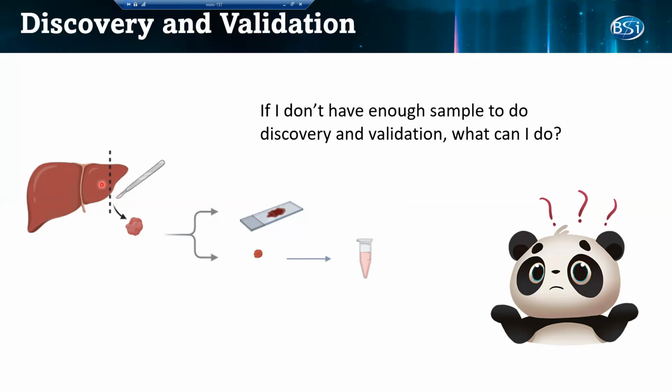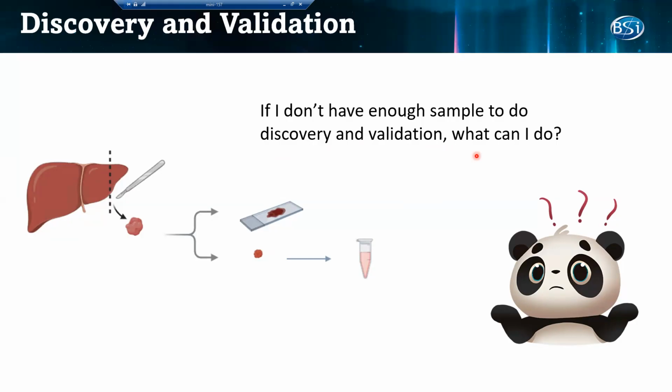But sometimes the amount of sample is very small. Usually most of the sample is needed for other things besides the LC-MS, so only a little sample is left for LC-MS. So if I want to do discovery and validation, is there a way I can do both in one run? This is the question.